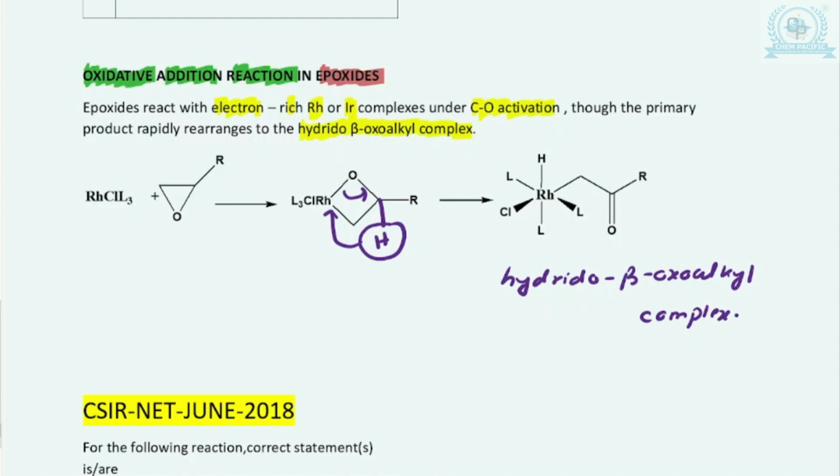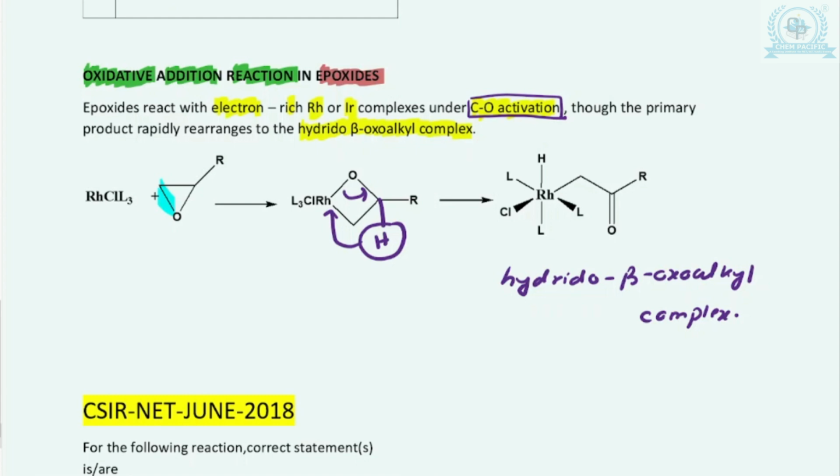So this actually results in the CO activation. This is very important. With this CO activation, this group is getting activated and resulting in the insertion of the metal. So this CO bond is getting activated and resulting in insertion of the metal, and later on rearrangement results in the formation of the hydrido beta oxoalkyl complex.